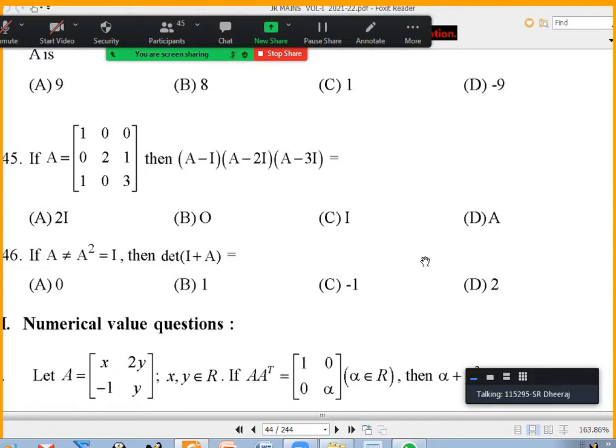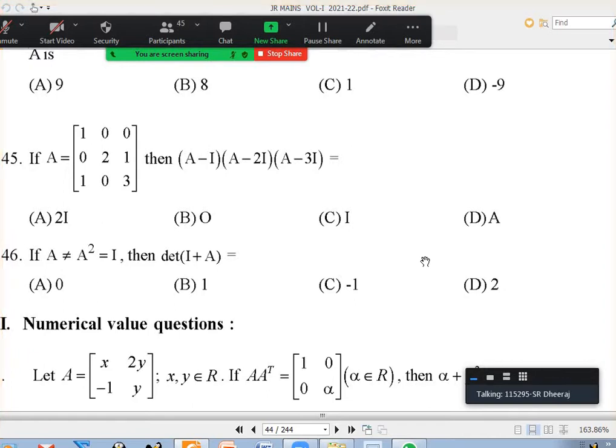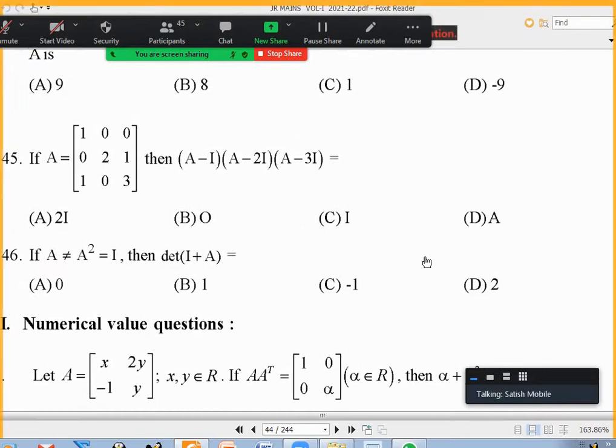Cayley-Hamilton theorem you explained in class, sir? Were you not there when I explained? In the last maths and determinant class, I discussed the Cayley-Hamilton theorem.